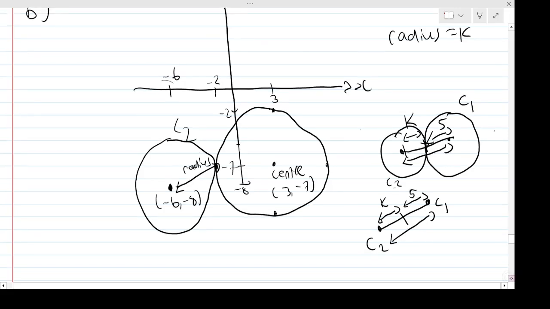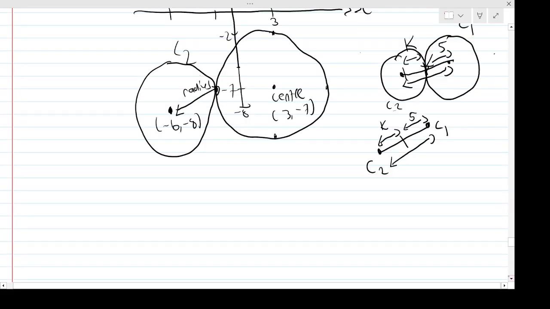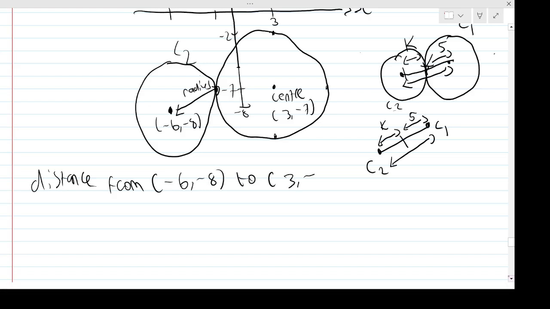So, with that in mind, firstly, the distance from the centre at C2, which was -6, -8, to the centre at C1, which was 3, -7, we can do by the distance formula. We know how to do that, right?